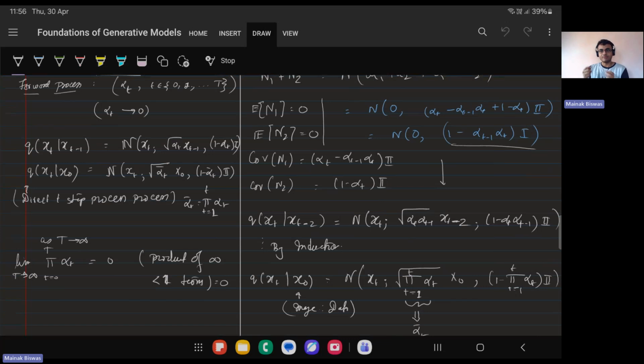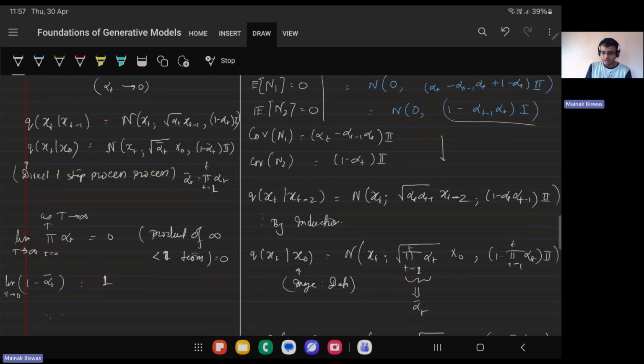That's the idea. So I will have terms which are finite and lesser than 1, and I'll have infinite of them, and that product would get to 0. Therefore, 1 minus alpha t bar as t tends to infinity goes to 1. So therefore, q of xt given x0, as t tends to infinity, goes to normal x capital T, 0, 1.